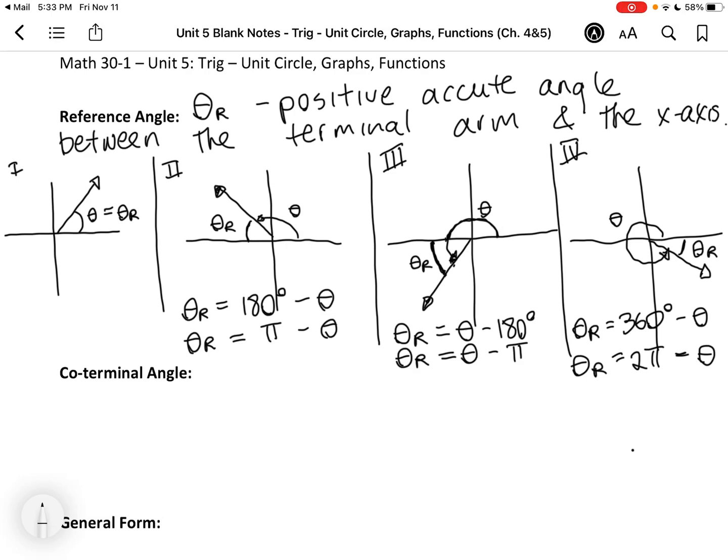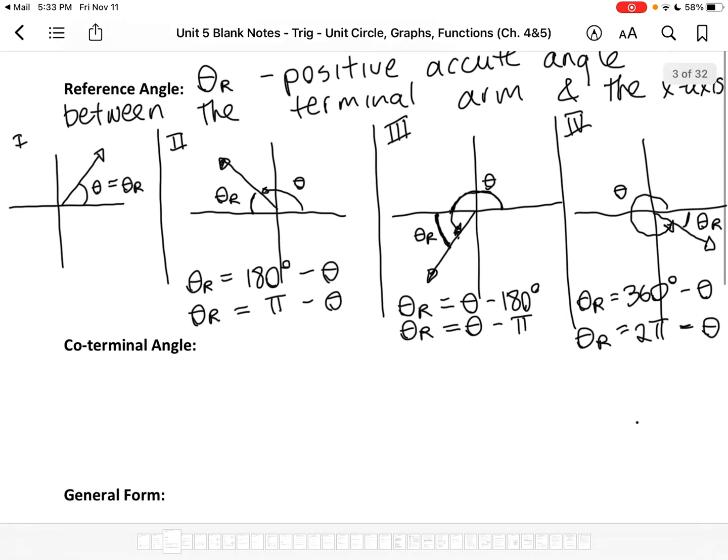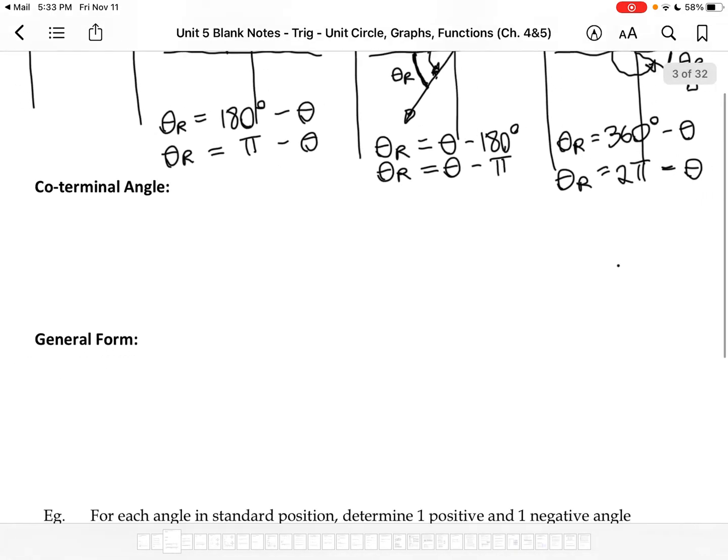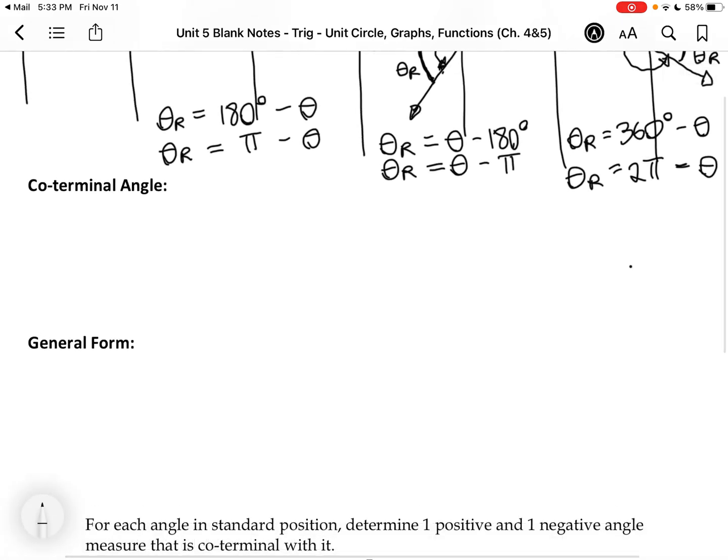Okay. All right, more terminology. So coterminal angles. I briefly mentioned this earlier, but angles are coterminal when they have the same terminal arm.